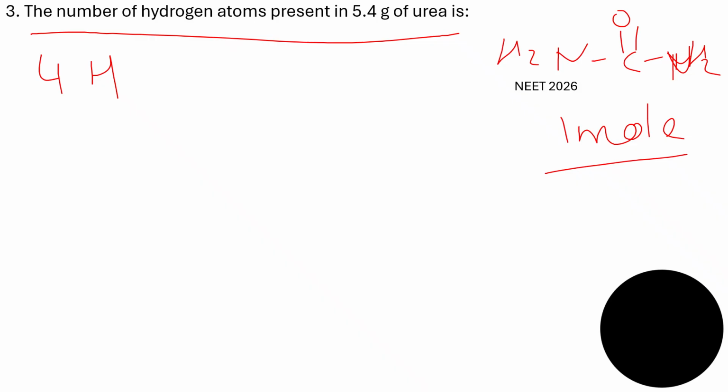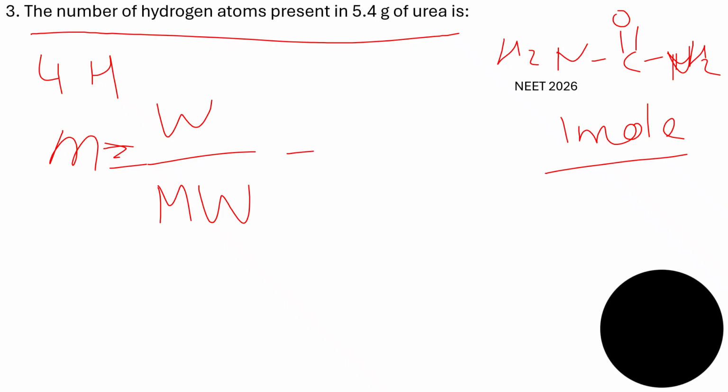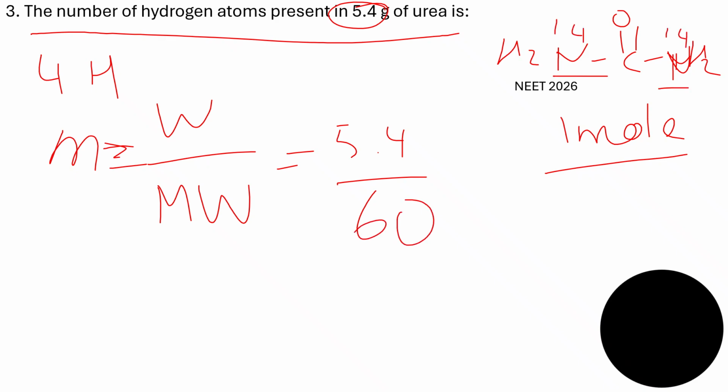How to convert gram into mole? Mole is nothing but weight divided by molecular weight. Weight is given, 5.4. Molecular weight is 60. How is it 60? For nitrogen it is 14, carbon is 12, oxygen is 16, hydrogen is 1. Just add everything, you will get 60.